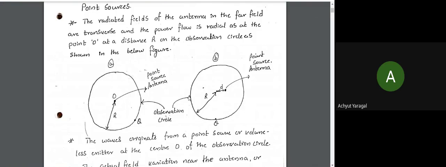Now let us understand this particular figure. In figure A, you can see one observation circle.